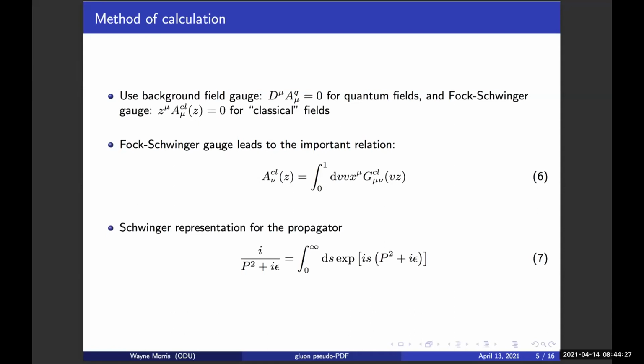This gauge leads to a really nice relation between the gauge field and the field strength tensor. So you can write the gauge field in terms of this integral over the field strength tensor. And then also we have this Schwinger representation for the propagator, where we write the propagator as this integral over this parameter S, and of course having this regulating term.